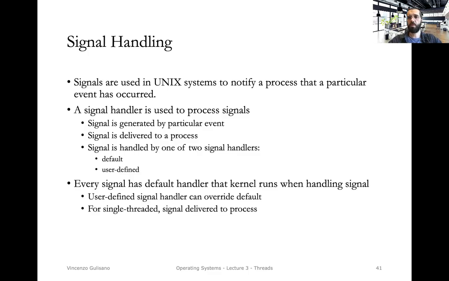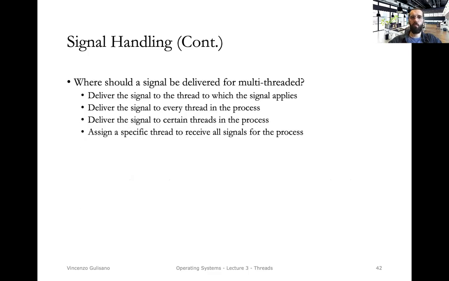On the other hand, if a process has multiple threads, then you can have legitimate questions like this. Should I deliver the signal to a specific thread in the process? And if the answer is yes, how do I know which is the specific thread that should get the signal? Or should I notify all the threads of the process?